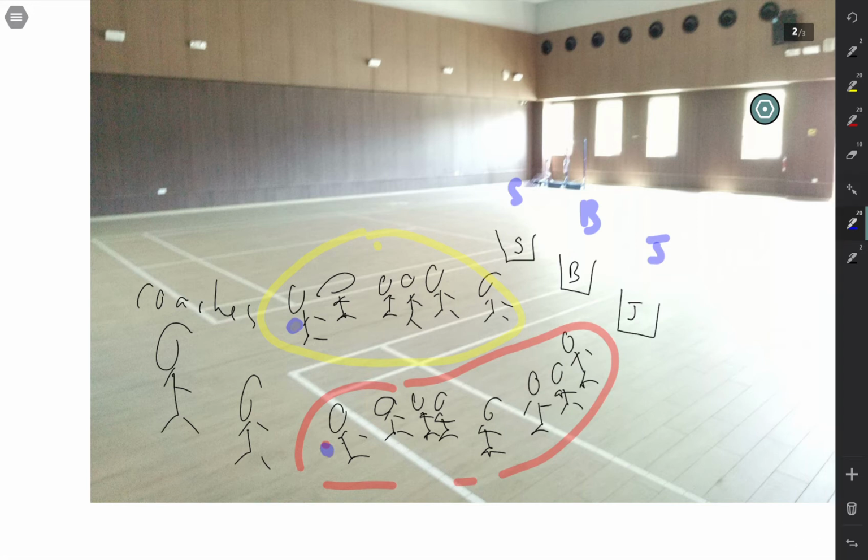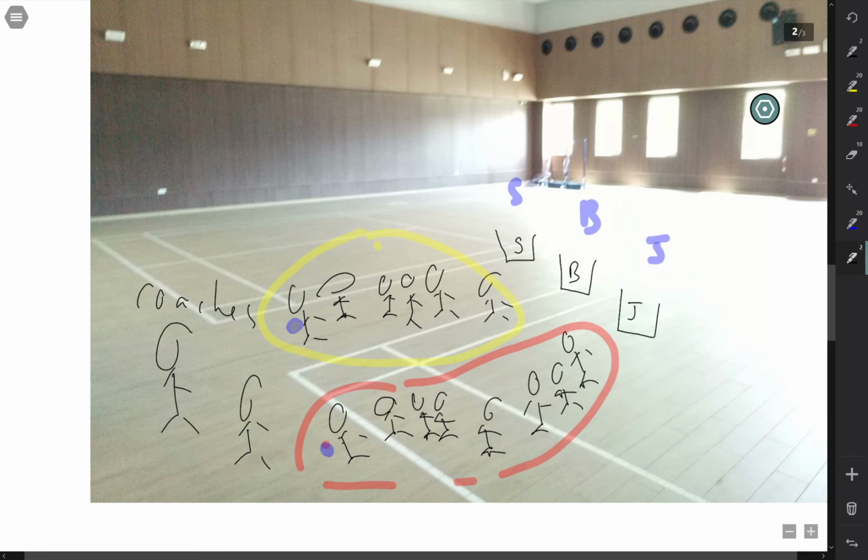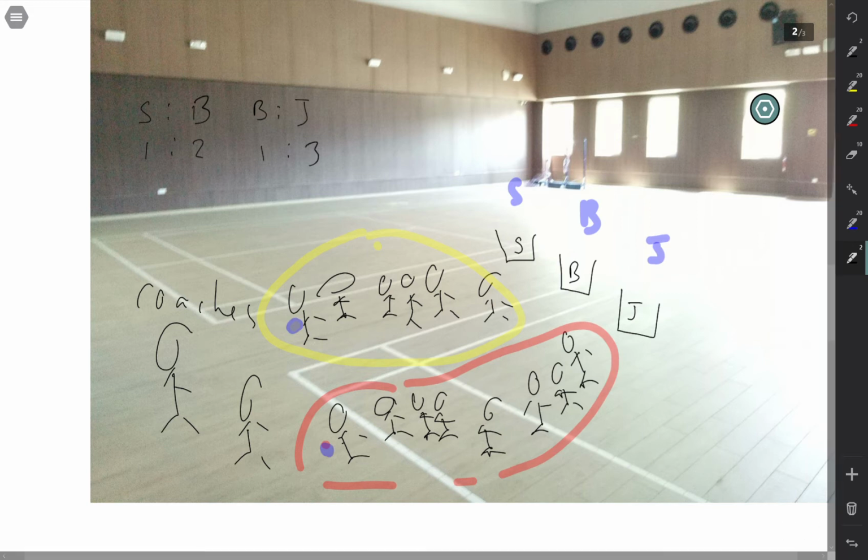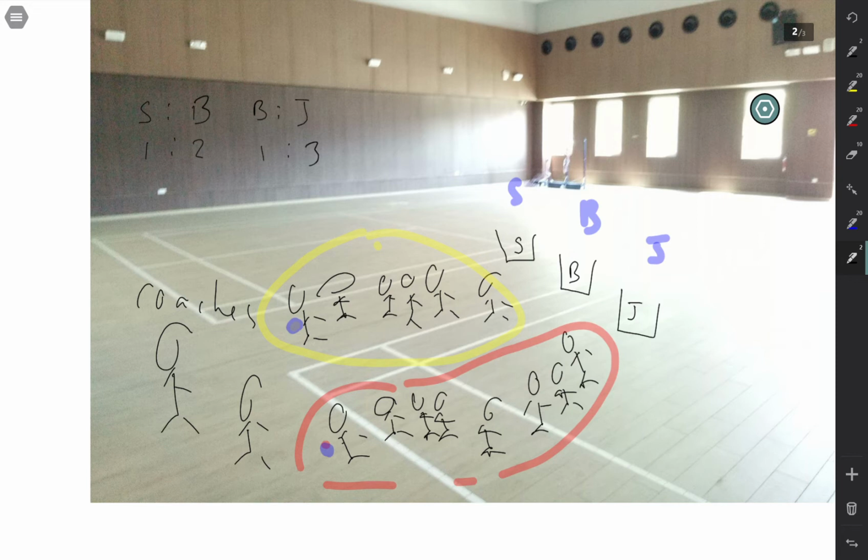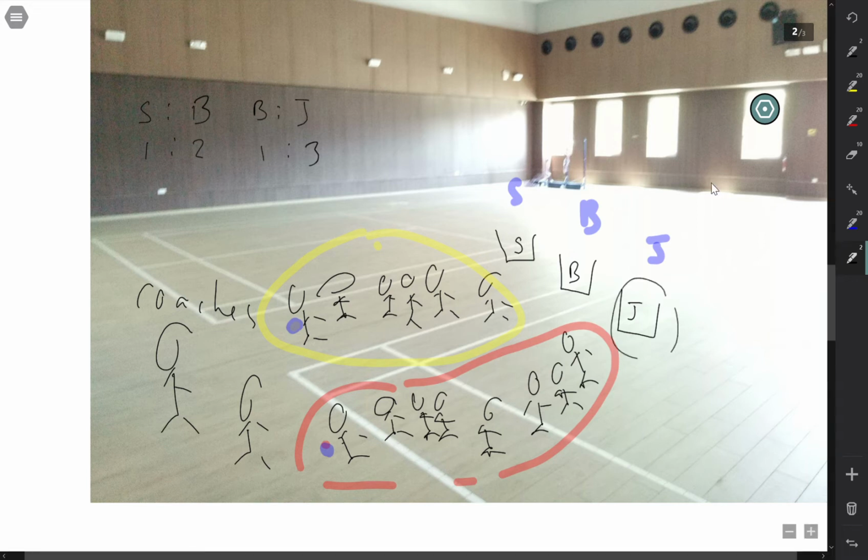The question that the coach should be asking is this. For example, if the ratio of Sally to Betty is 1:2 and the ratio of Betty to Jane is 1:3, who has the most? The ball has to go into the basket which has the biggest ratio.